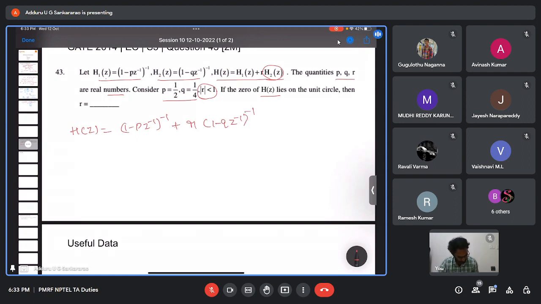So what we get here is 1 by 1 minus P Z inverse plus R by 1 minus Q Z inverse. So what they have given is that the 0 of H of Z lies on the unit circle. That means we need to find out the 0 of H of Z. So just take LCM and find out the transfer function.